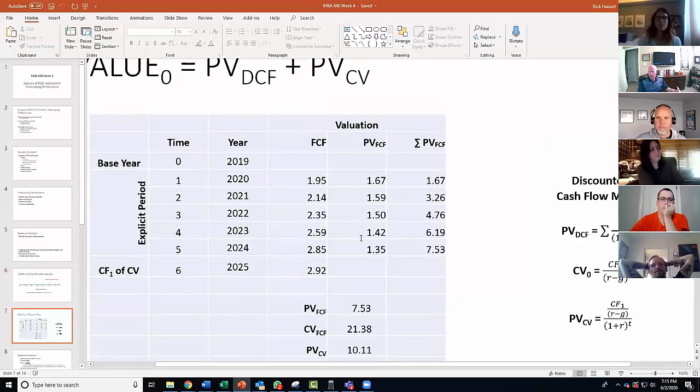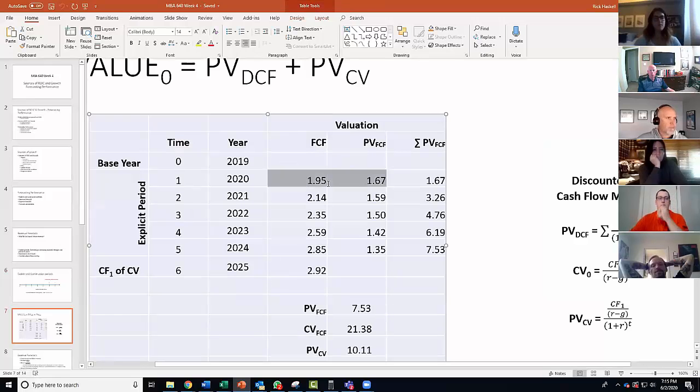I have explicitly forecasted my cash flows. To get to this 1.95 number, I started at 1.77 and expanded it at 10%. And then 1.95 was again expanded at 10% to get to 2.14. Again at 10%, again at 10%, again at 10%.